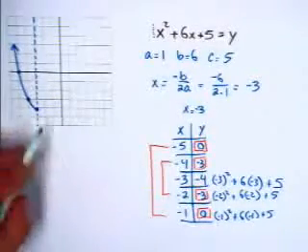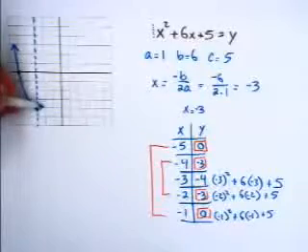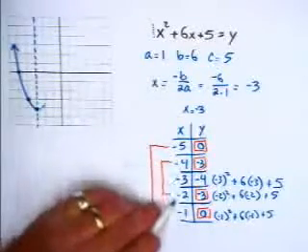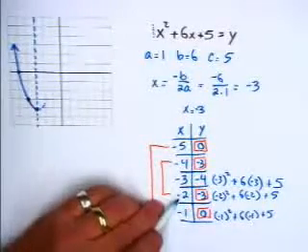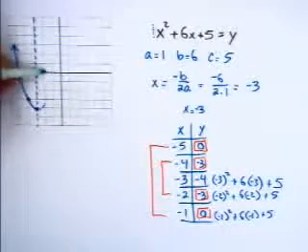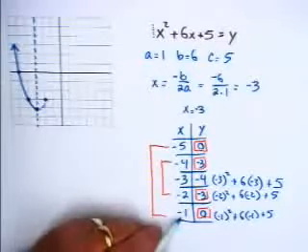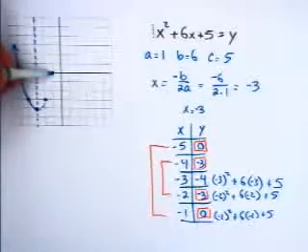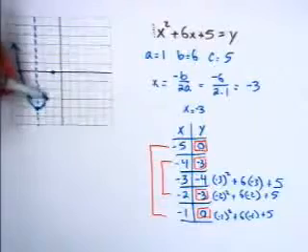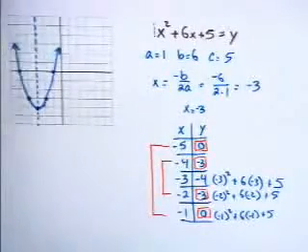If we continue, I'm going to bet that this side's got to look pretty much the same because it's symmetric. So negative 2, negative 3, negative 1, 0, and it is.